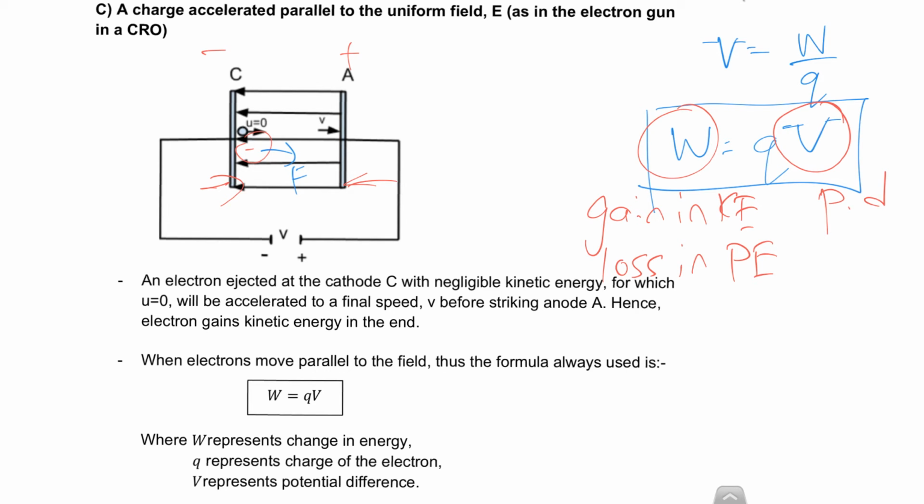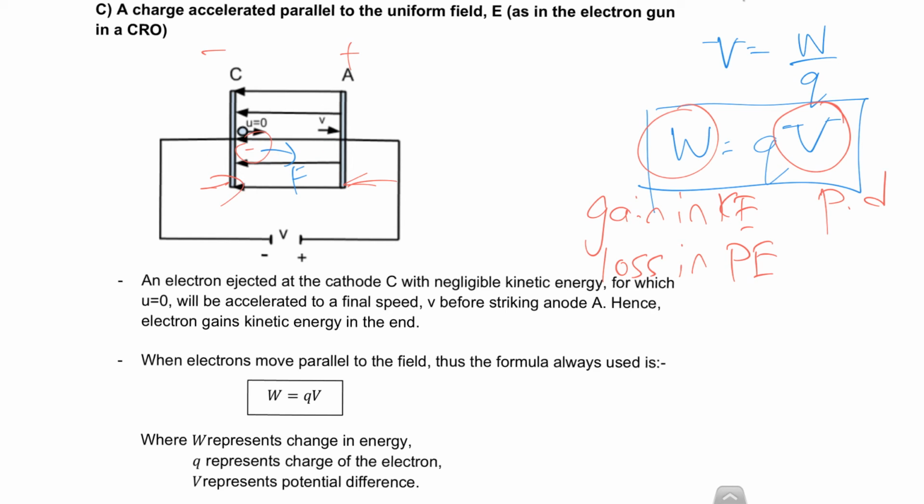That can also happen. Understand? As long as a charge travels across a PD, you can use this formula to find the change in energy. But specifically for this case, because it's moving towards a positive plate, it will gain kinetic energy. If you gave an electron a high speed and it's moving towards the negative plate, it will slow down, and there will be a loss in kinetic energy. But for this case, it's a gain in KE.